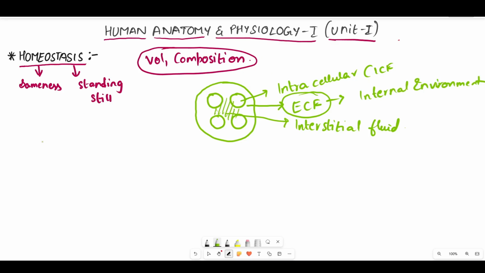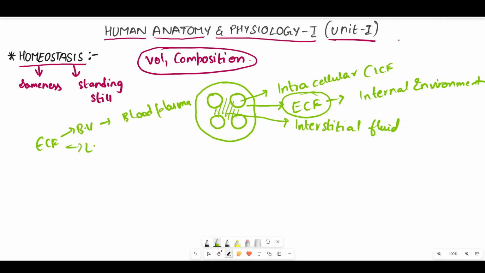Based on the presence of ECF, the name changes depending on the part. If it is present in blood vessels, it is called by another name. For example, if this ECF is present in the blood vessels, we call it blood plasma.